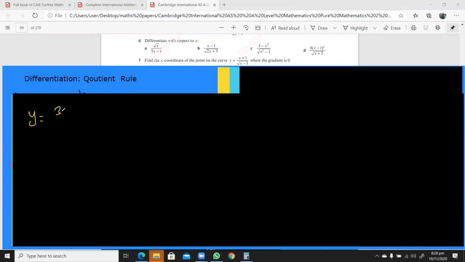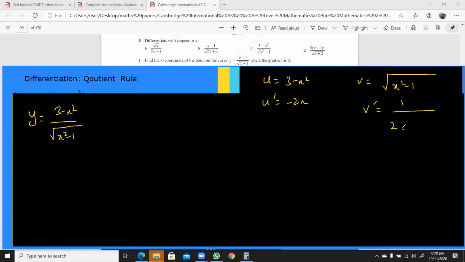This is going to be (3 minus x squared) over the square root of (x squared minus 1). So let me write u over here. U is 3 minus x squared, and v is the square root of (x squared minus 1). So u dash is minus 2x, and v dash is 1 over 2.